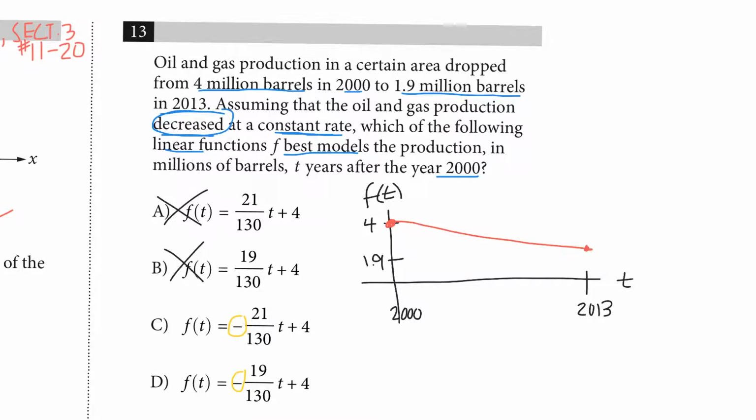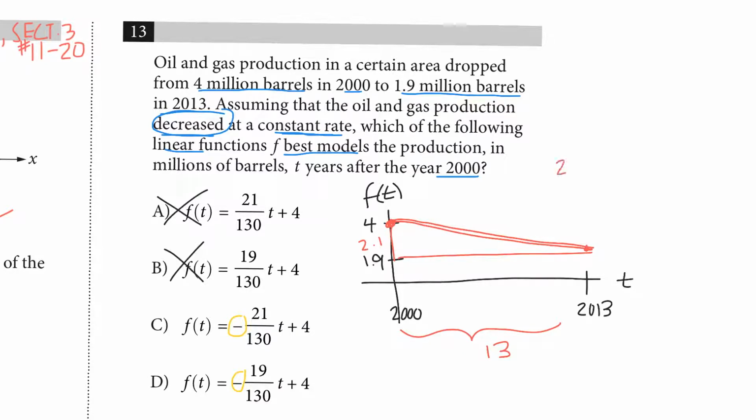So what we're going to do is find the slope. This difference here is 13. So this is 13, and this is what? This is going to be 4 minus 1.9. This is 2.1. So the slope that we're interested in here is rise over run.